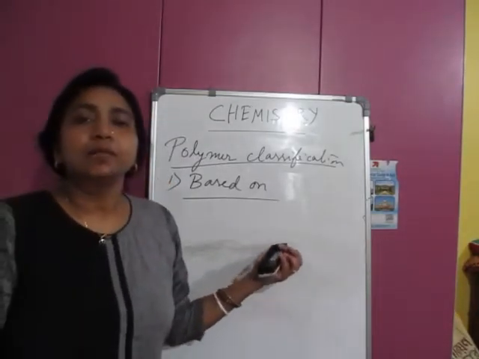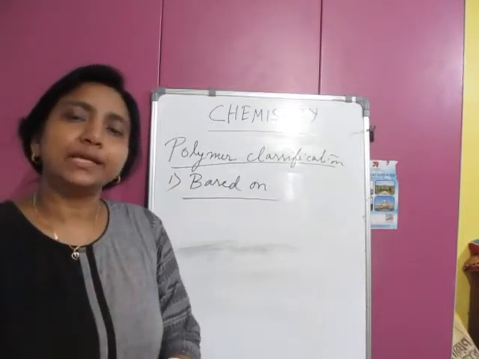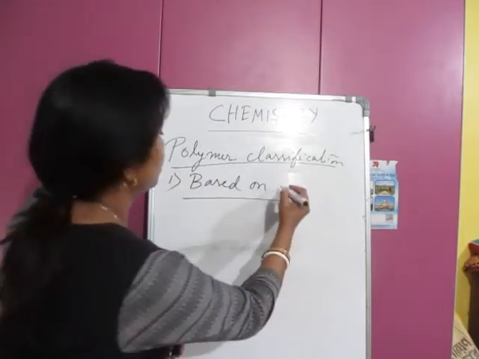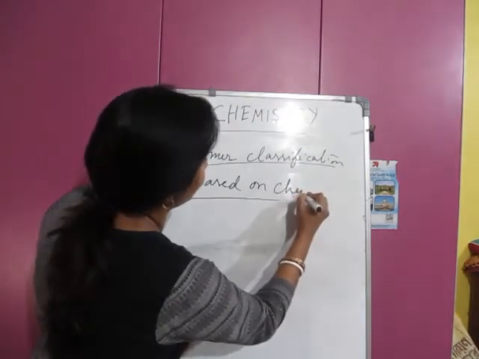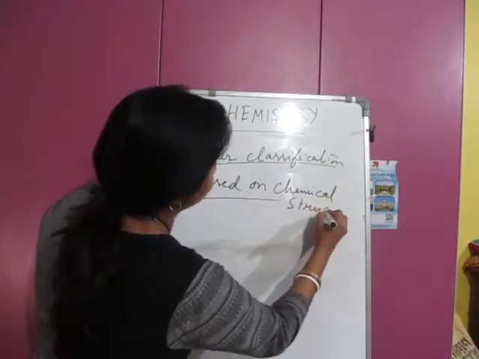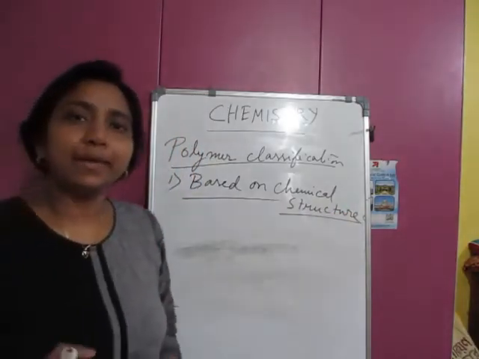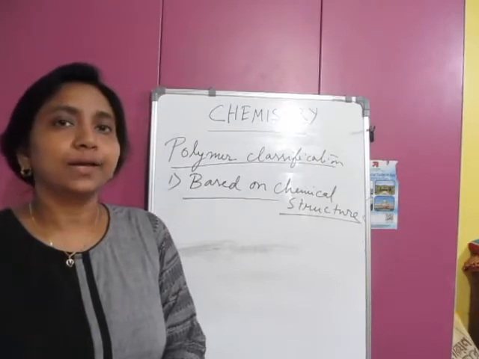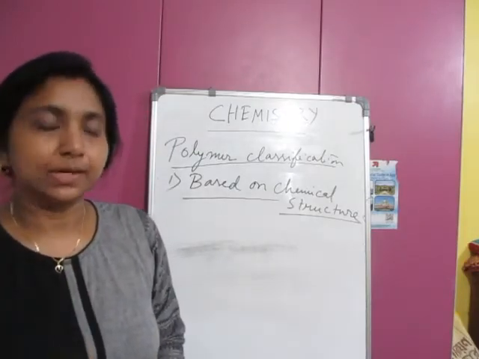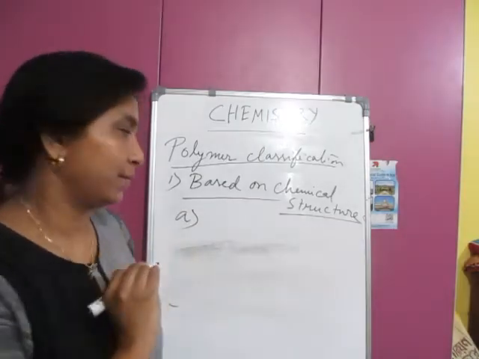Next is based on chemical structure, or you can say based on monomer. Based on chemical structure, polymer is of two types. Number 1, that is Homo Polymer.